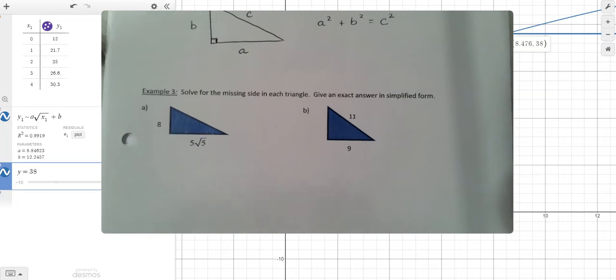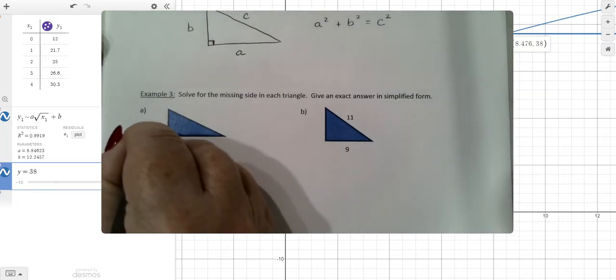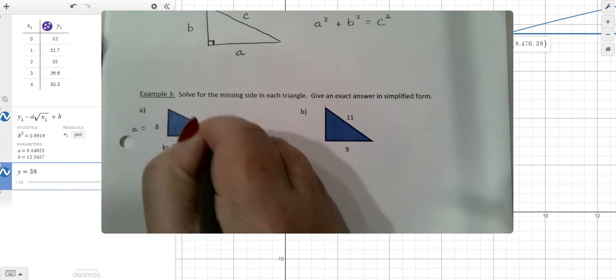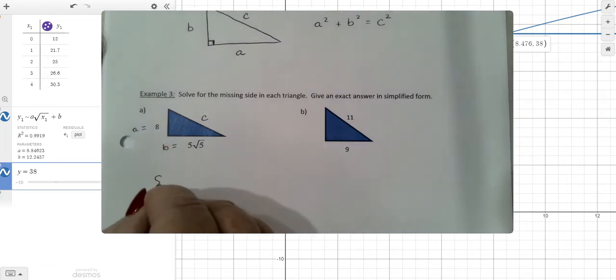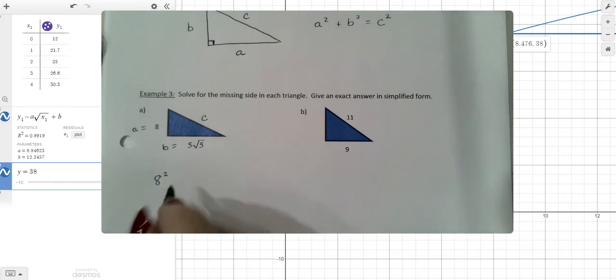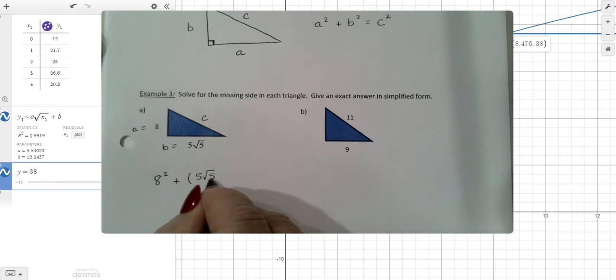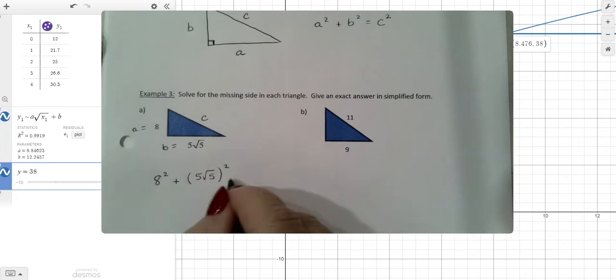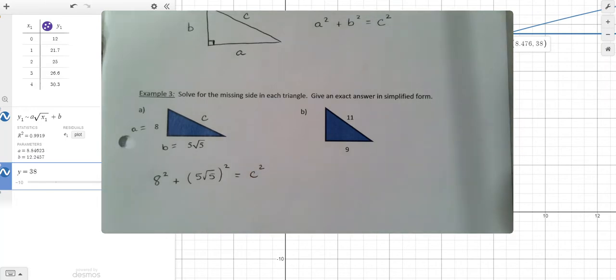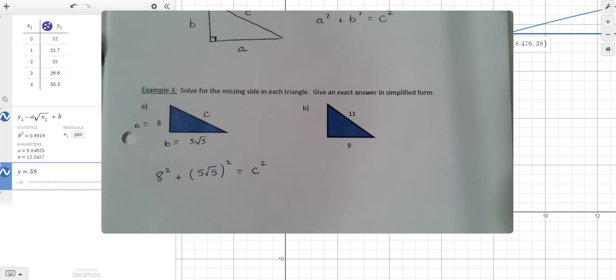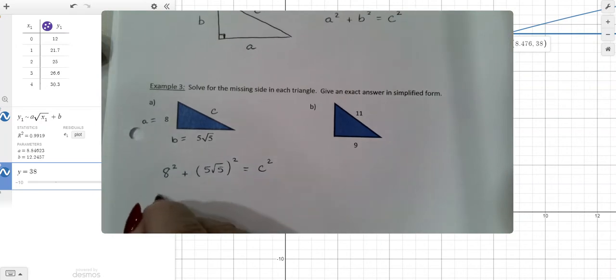So in our first example, we have values for A and B, but we're missing the value for C. So when I set up my Pythagorean theorem, I'll have A, or 8 squared, plus B, 5 square root 5 squared, and that's going to equal C squared, and I'm going to work at solving for C. 8 squared is 64.